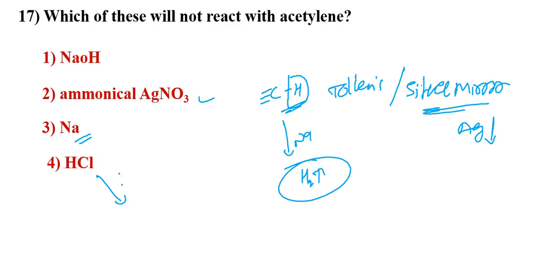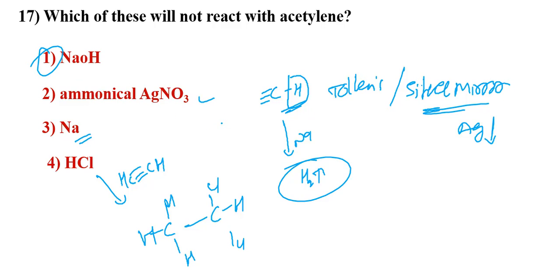Suppose it reacts with acetylene, giving 2 times addition. So hydrogen, chlorine, previously one more hydrogen was there. So 1,1 dichloroethane is forming. So sodium hydroxide is the answer, it cannot react.